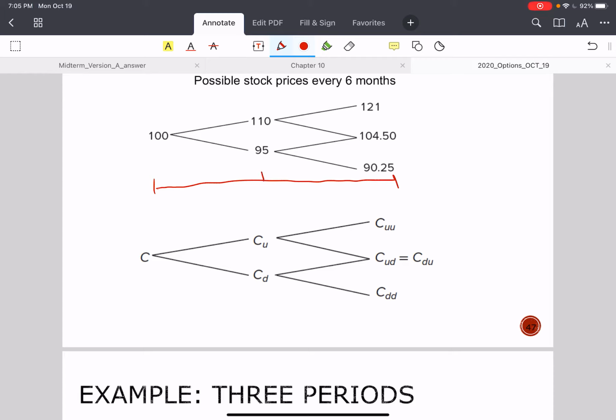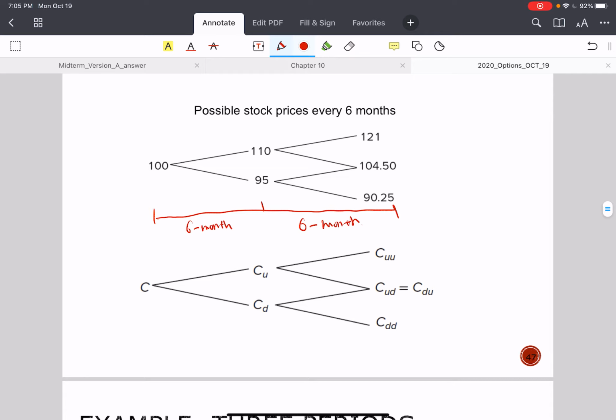So the first section is this 6-month period and 6-month period. And let's say during these two periods, what you can see here is the stock price will actually work like this.